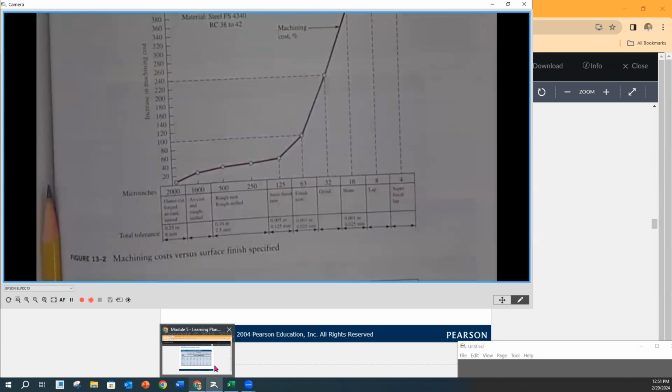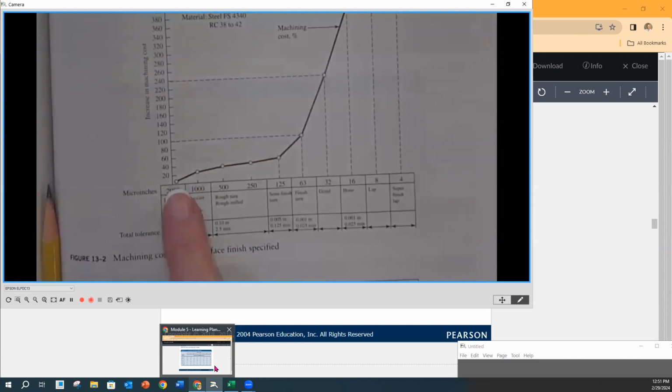A 125 micro inch finish just means that this is going to be a milled surface, one that we've roughed out, probably cut or milled, but then we go back over the top of it and take a cleanup cut, and we've got a 125. When you were down in the machine shop doing your cold processes class, I am certain you did a 125 finish and looked at the differences between a rough cut as opposed to a finish mill. So, 125.